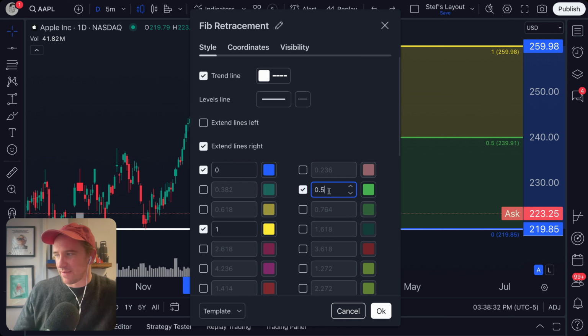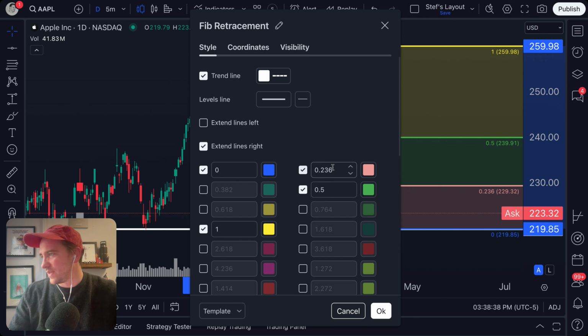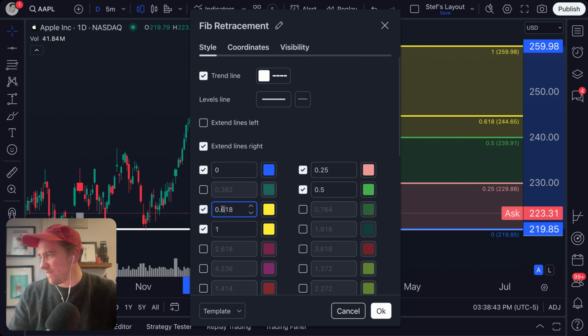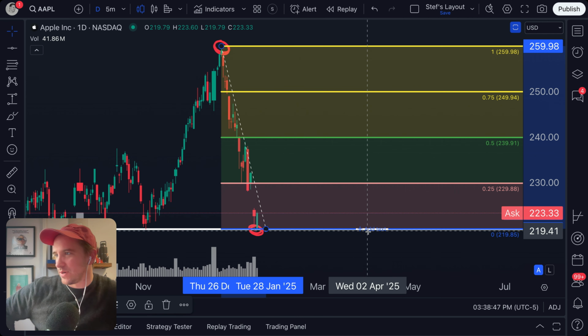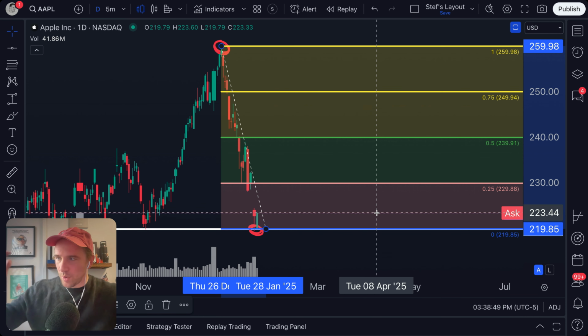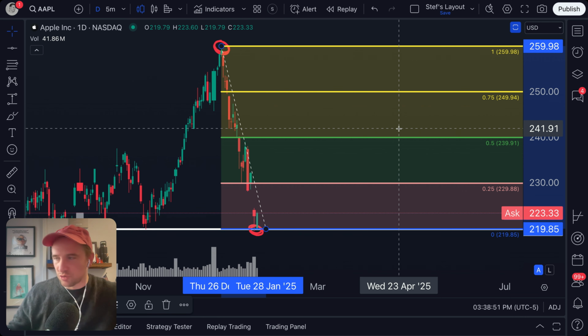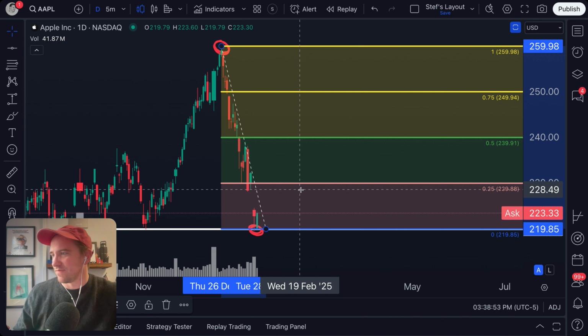So 0.5. Well, maybe you love 0.75, or maybe actually even better, you want to do 0.5, 0.25, 0.75. And now what you're doing is you're just mapping out these incremental 0.25 retracements from this high based off of this low.